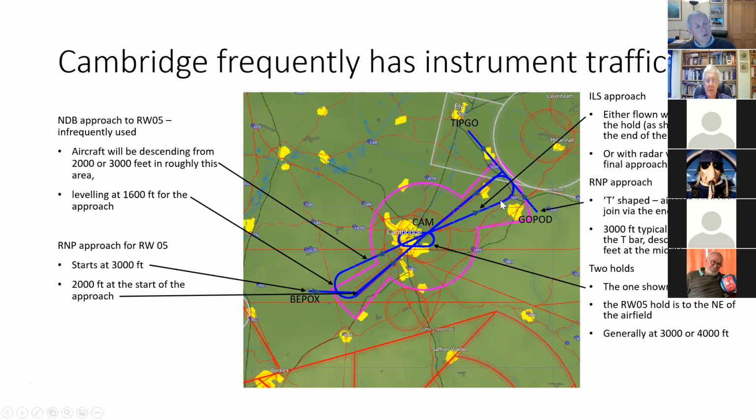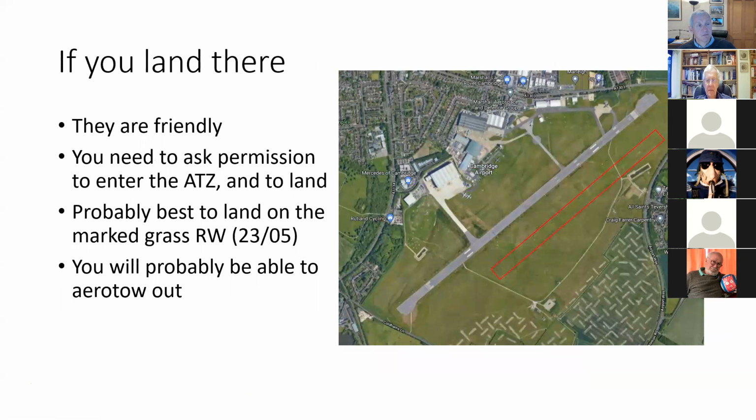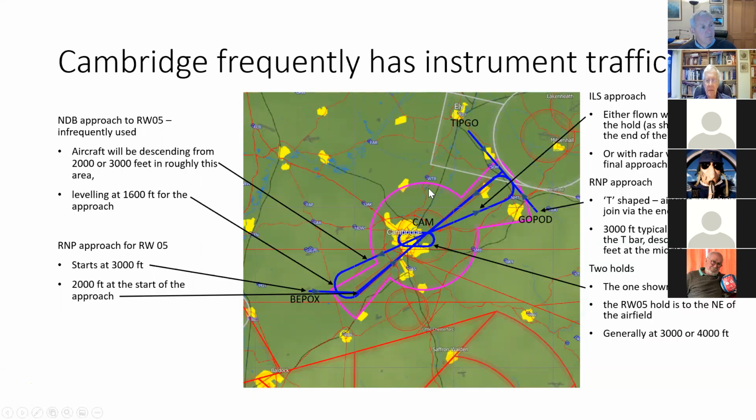So if you're struggling and you're getting below 2,000 feet in this area, and you've got somebody going outbound, then there's a potential conflict. But once they're on the glide path, hopefully you're higher than they are.